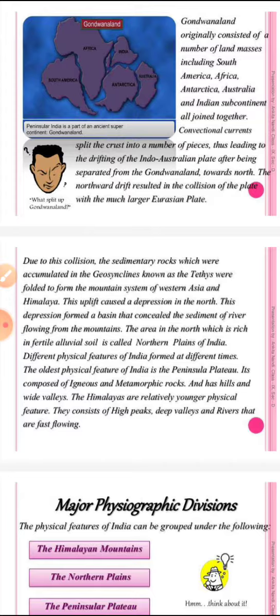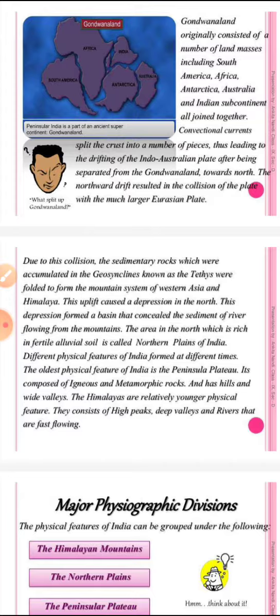And due to the movement of the Indo-Australian plate towards the much larger Eurasian plate, the sediments deposited in the Tethys Sea folded to form mountains, or you can say the Himalayas.